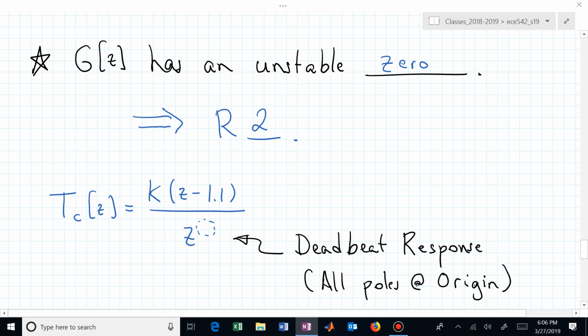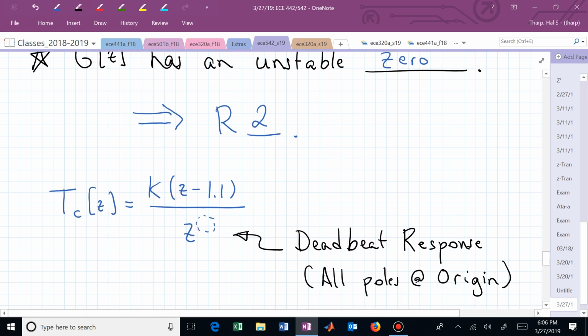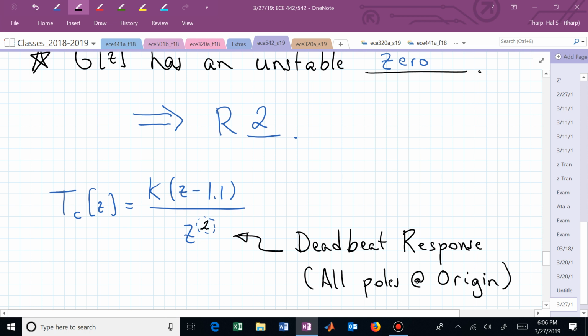And we could have gone to 3, we could have gone to 4, we could have gone to 5, but there may be no reason to do that unless we have additional behavior or performance requirements or accuracy requirements that we're trying to achieve. And in that case, we might want to put some more zero factors in. But here, let's keep it as basic as we can. And in that case, let's just say that we put a 2 in there.